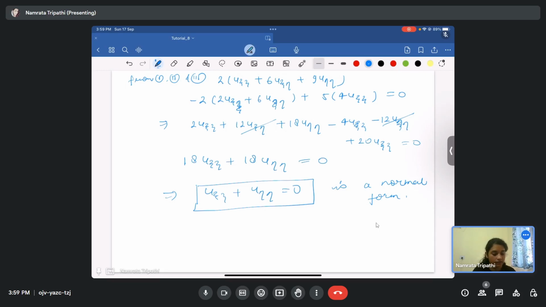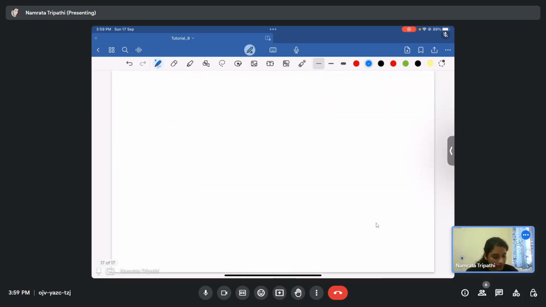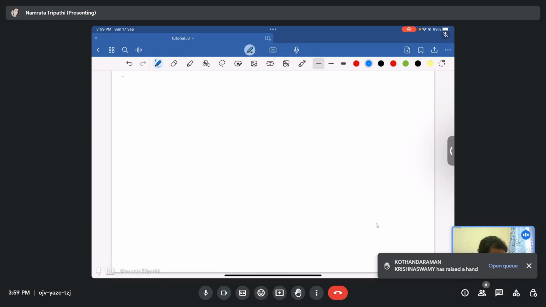Means you have to transform the xy into xi eta. Then you will get the normal form. Okay, let's move to the next question.